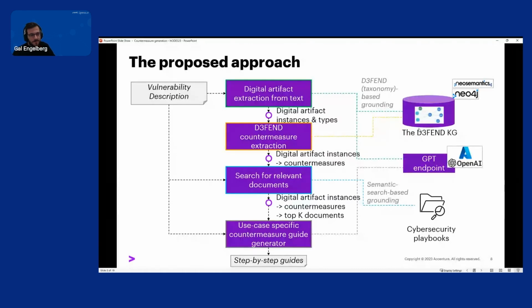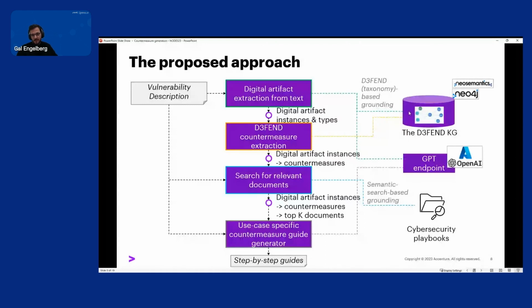This is the approach in a nutshell. We take a vulnerability description as an input, and then we first extract the digital artifacts out of the text automatically. Okay, we get digital artifact instances and types. We do this based on the Defend-based grounding.